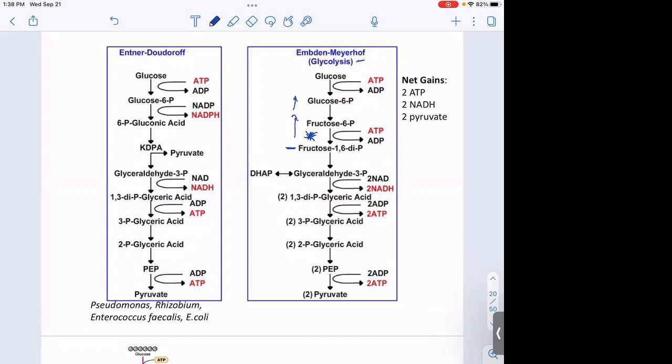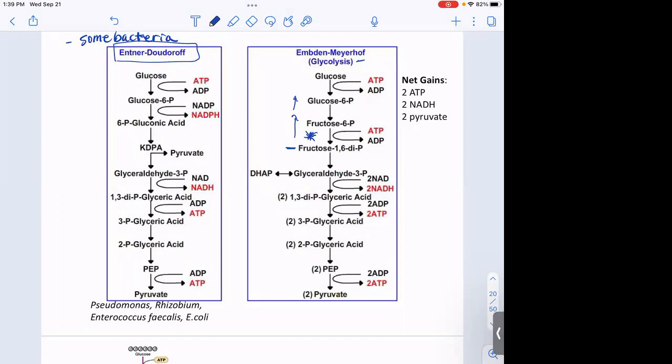It can go back and find the enzymes for an alternative pathway called Entner-Doudoroff. So kind of confusing, kind of sounds like Embden-Meyerhof. Again, 2 different people that elucidated this pathway. Only some bacteria are going to do the Entner-Doudoroff. And again, they're only doing it usually because they're missing that enzyme.